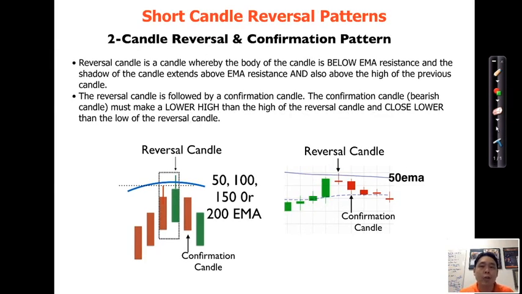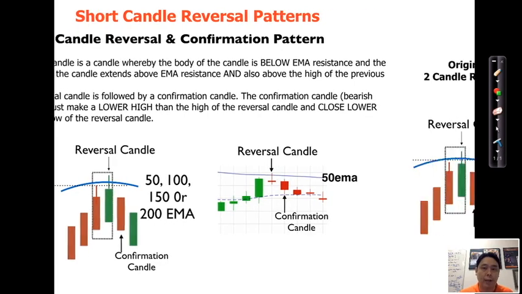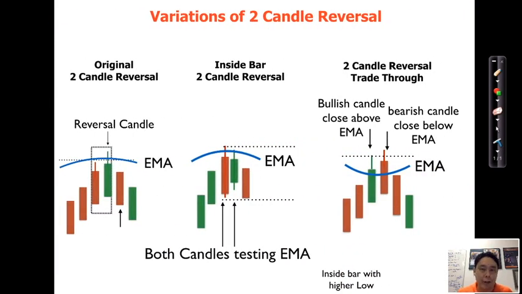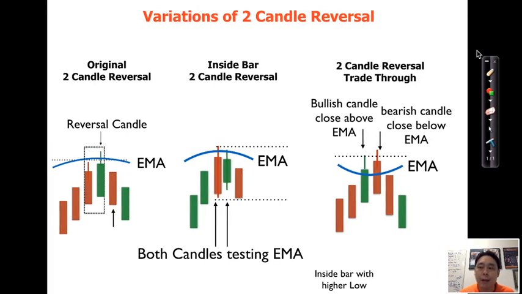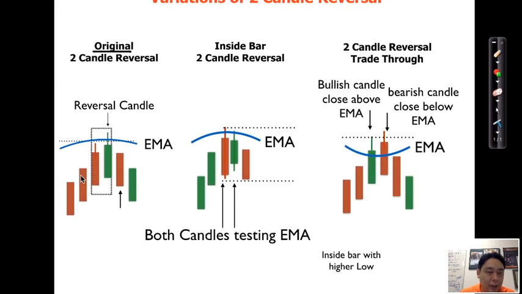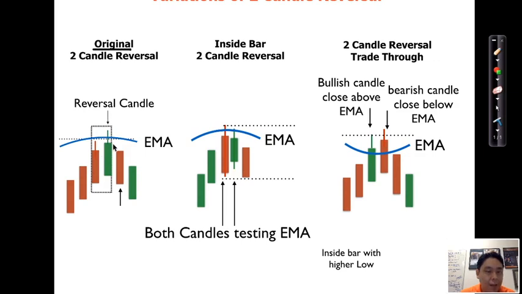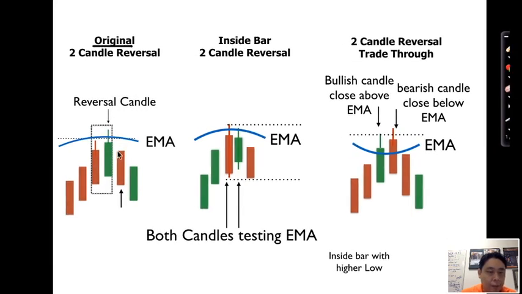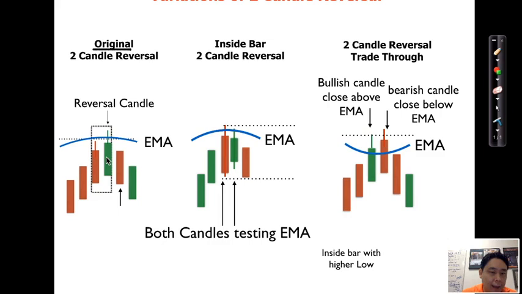All right. So just like the long setup, for the short setup, again, there are a few variations of the two candle reversal, right? And the first variation is the original KFC recipe, which I prefer to the spicy. Okay, so that's the original pattern we just learned, okay? Which is you have the reversal candle and the candle before it, right?